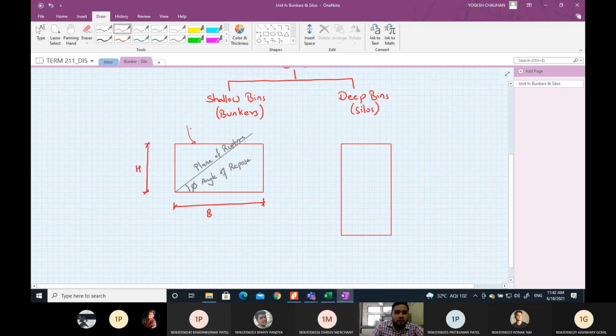This is the surface of the material, before it crosses the opposite edge. This is the opposite edge or opposite face or opposite side, we can say, opposite side of the bin.